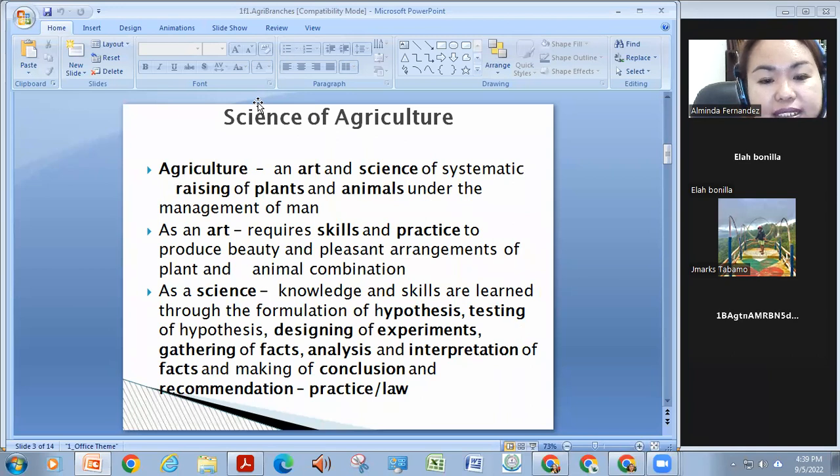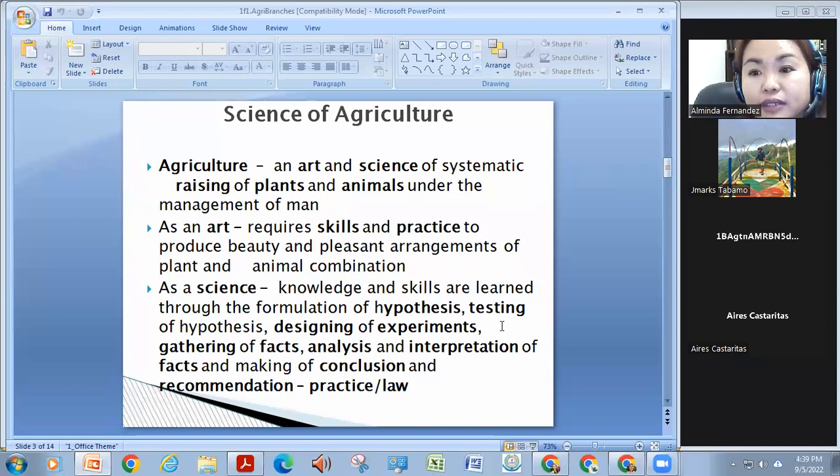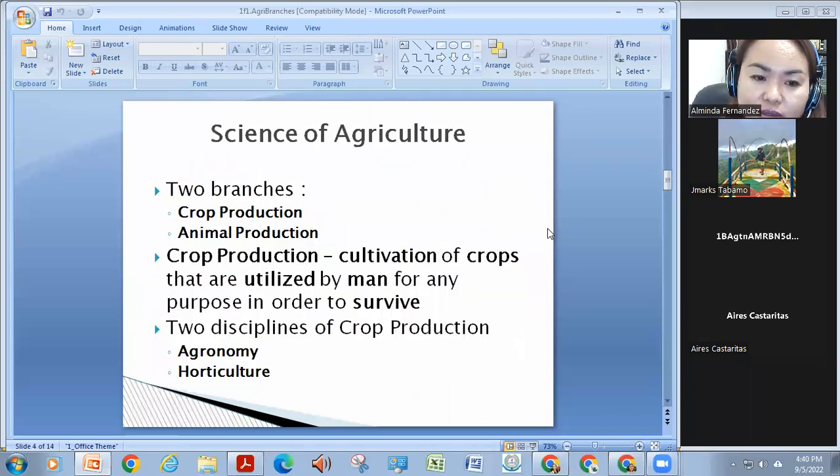So as a science, it deals with knowledge and skills, no? Hypothesis testing, and so on. Gathering of facts, analysis, and interpretation of facts. So because agriculture is also about doing research, no?